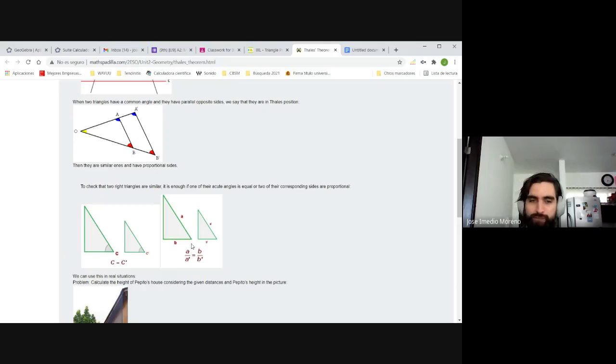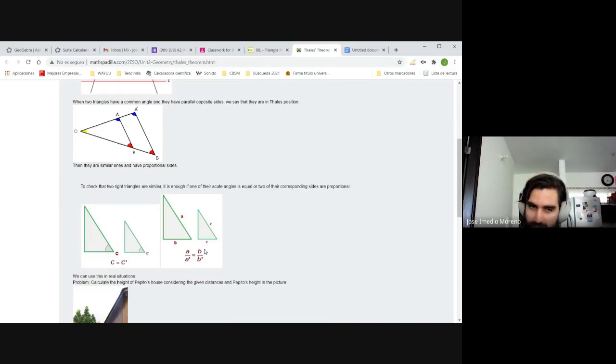If I take side A in this triangle and side A prime in this other triangle and divide them, the ratio has to be the same as the ratio between B and B prime, because they are proportional.